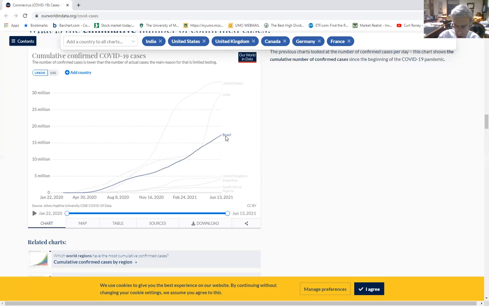If this continues, and as we saw in the previous chart, the rate of growth is accelerating somewhat. New cases just keep on going up. So this line is actually bending upward. It's accelerating a bit, but it's very steady and continuous. That means to me that Brazil has a long way to go in this thing.